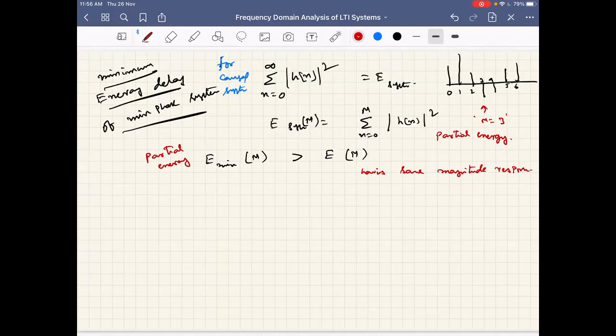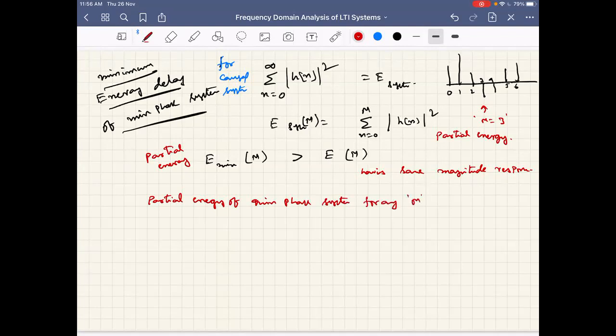This is referred to as the minimum energy delay property. That means the partial energy of a minimum phase system, for any m, is greater than the partial energy of all the systems having the same magnitude response.